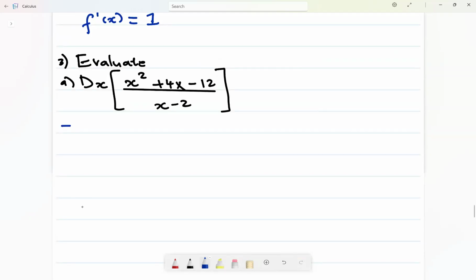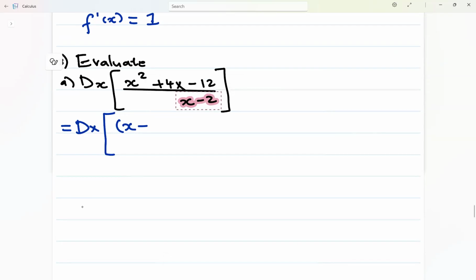On this one, you just say equal sign. Simplify this first. How can you simplify this? You're going to continue with this dx until you are done simplifying. When I simplify this, I have x plus 6 and x minus 2. Every time the examiner gives you this, this denominator is a factor in here, so that they can cancel each other.